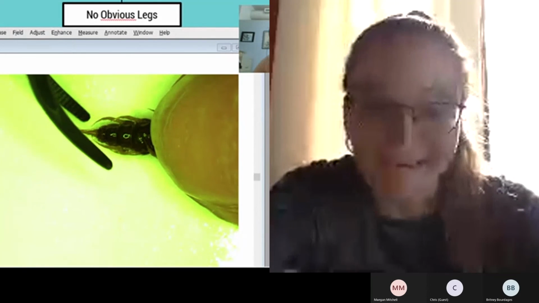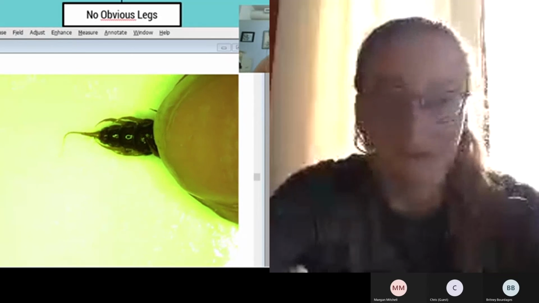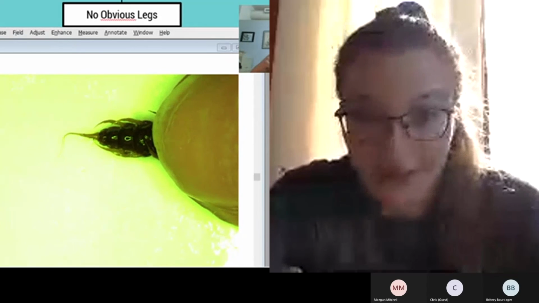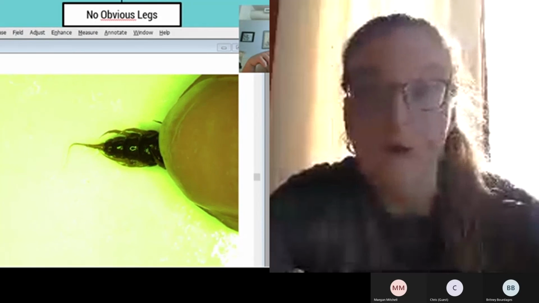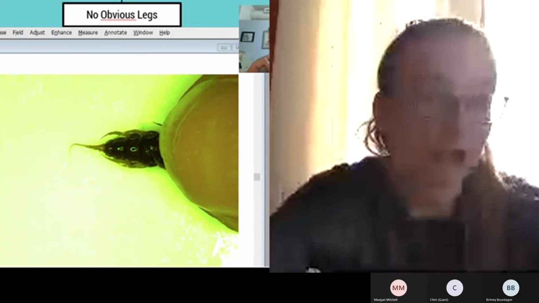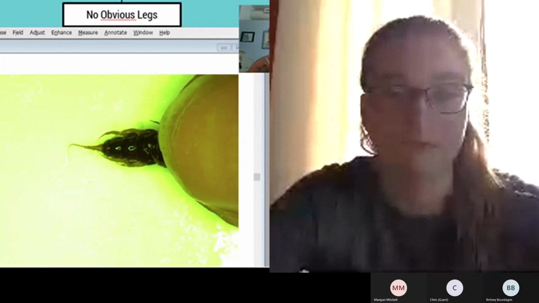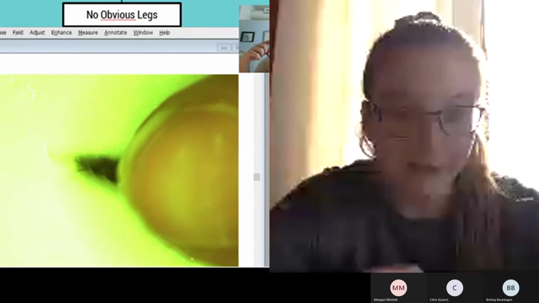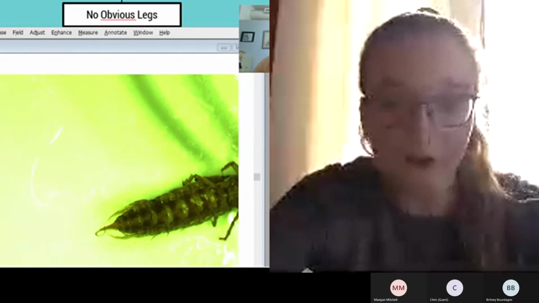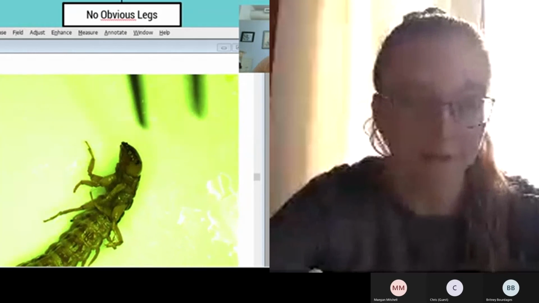All right, so now, do you think that it has 3 tails, 2 long tails, or 1 tail slash hook? 1 tail slash hook, absolutely. So this is an alderfly larva, or megaloptera.